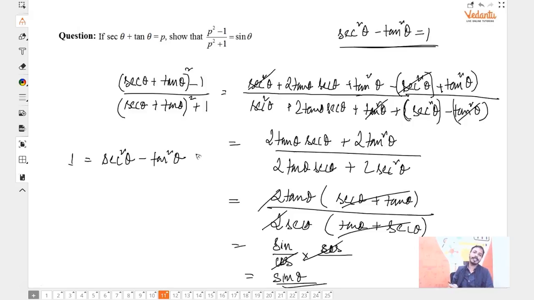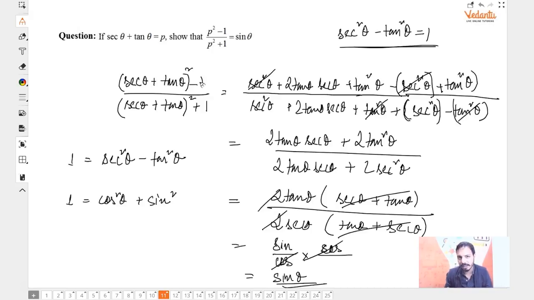So what I'm trying to say is you need to know when you need to write 1 as this, and when you need to write 1 as cos square theta plus sine square theta or cosec square theta minus cot square theta. You should have that intuition, and you should look at the question and understand that in place of this 1, what can I replace? Right? Once you do enough practice, you will get that.